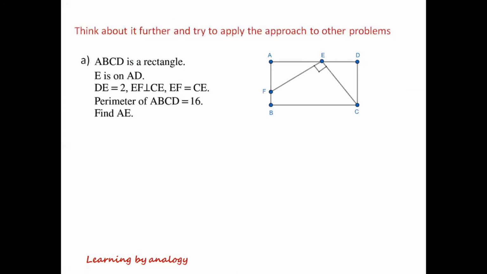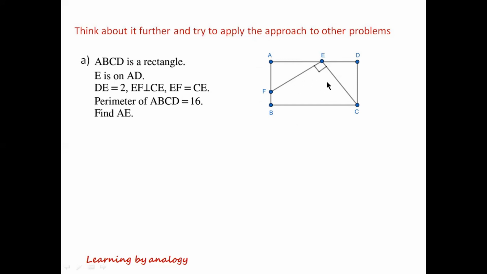Think about the thought process for the previous question further and try to apply the approach to other problems, such as this one. ABCD is a rectangle. E is on AD. DE equals 2. EF is perpendicular to CE.